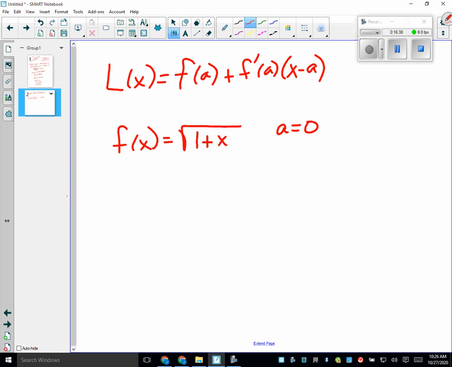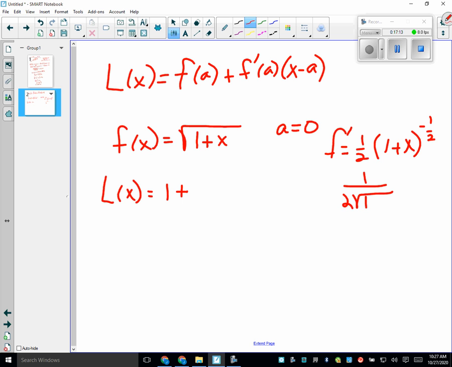What's f of a? Isn't f of a just 1? 1 plus, what's f prime of a? f prime equals 1/2 times 1 plus x to the negative 1/2, which is 1 over 2 radical 1 plus x, correct?